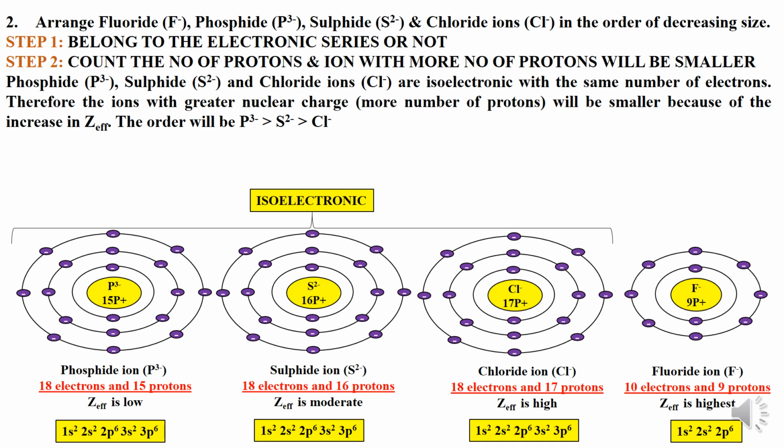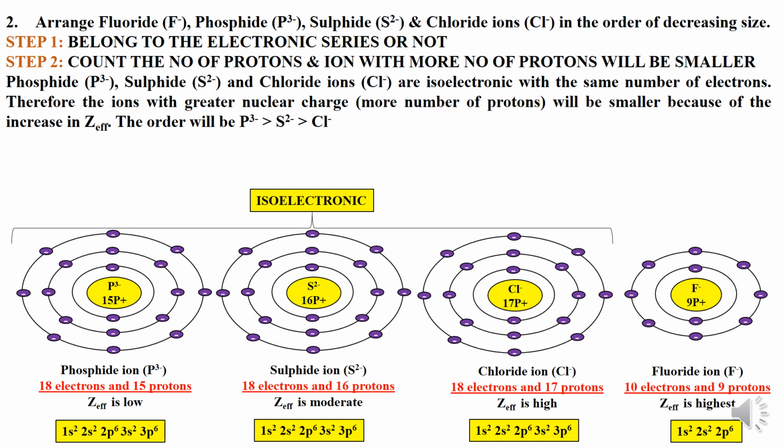You have come to this conclusion because phosphide, sulfide and chloride ions are isoelectronic with the same number of electrons, and therefore the ions with more number of protons will be smaller because of increase in the effective nuclear charge. Now what about fluoride ion?